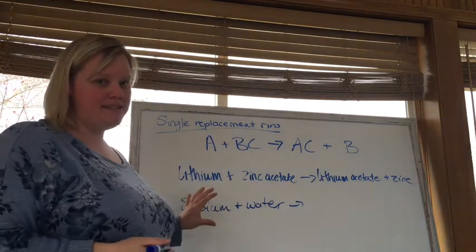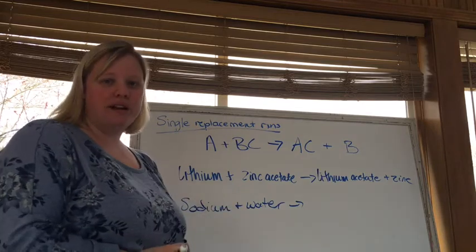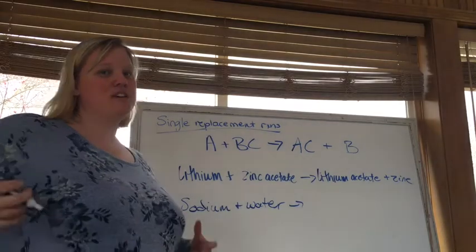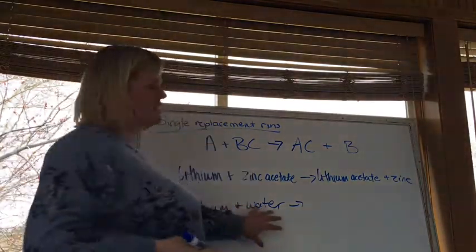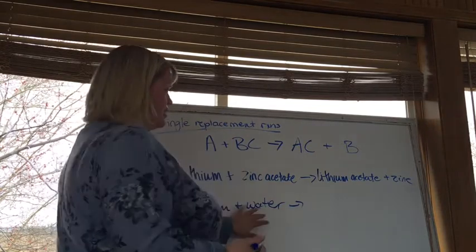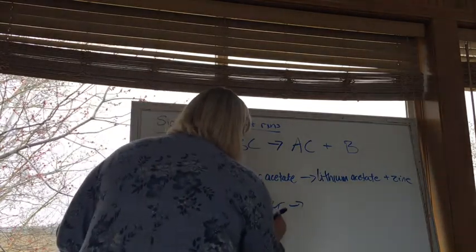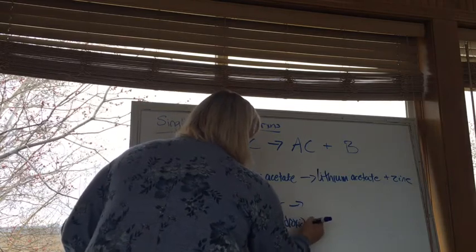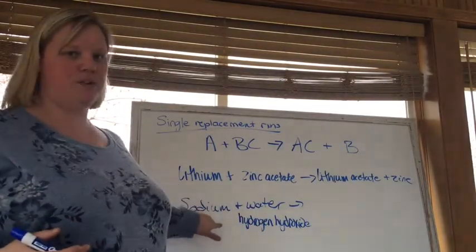What happens, and we talked about this reaction when we were going over alkali metals, is that hydrogen gas is going to be produced. The easiest way to know what your products are going to be when you have water is to write it as hydrogen hydroxide, so that you can easily see we have hydrogen and it's going to switch with the sodium.